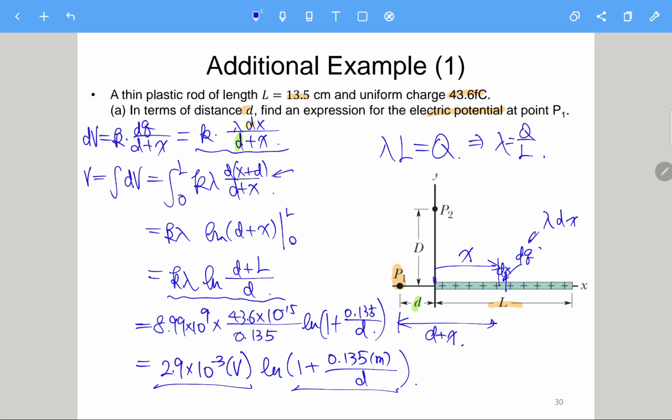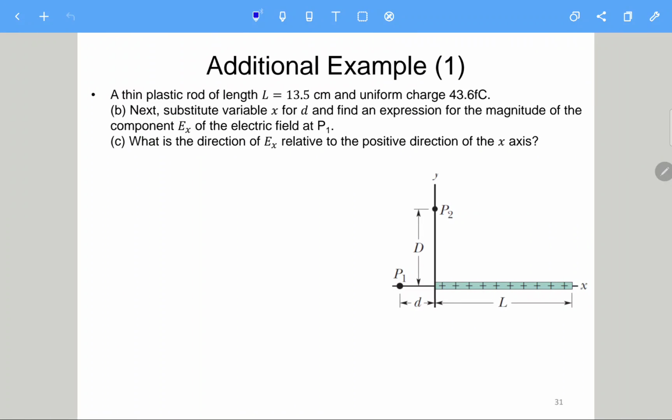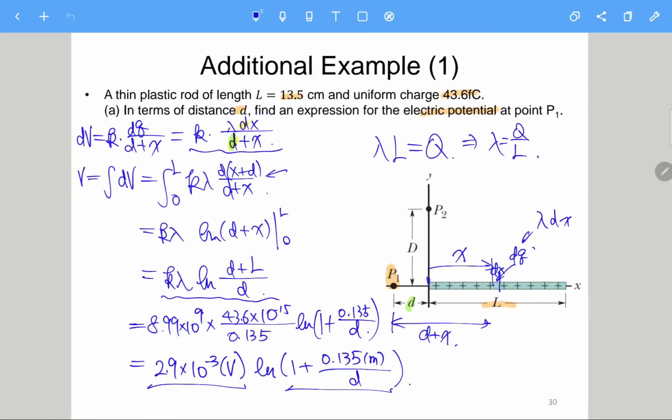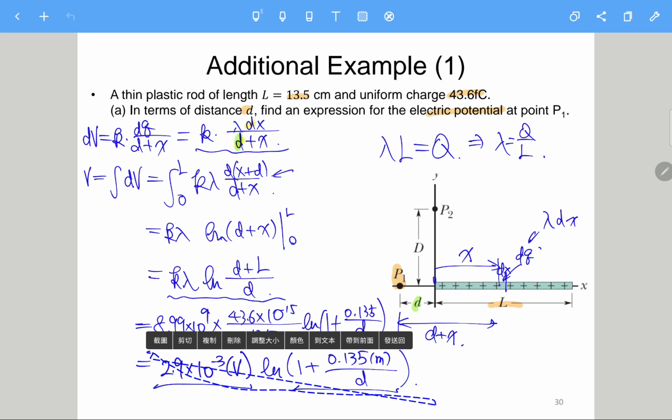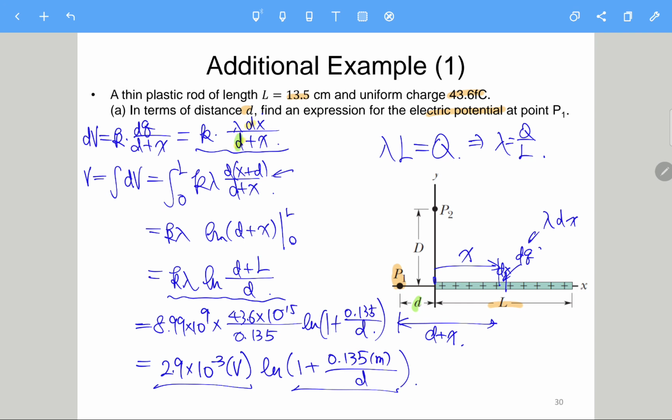Okay. So next, substitute the variable x for d, which means that we just simply copy this one. Not this.